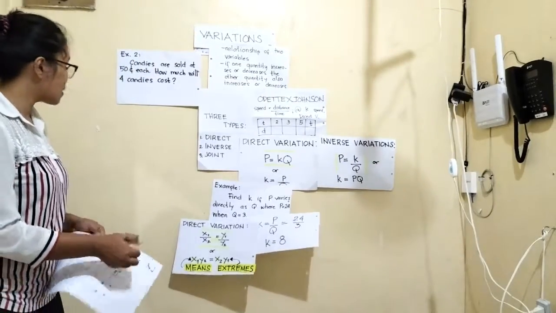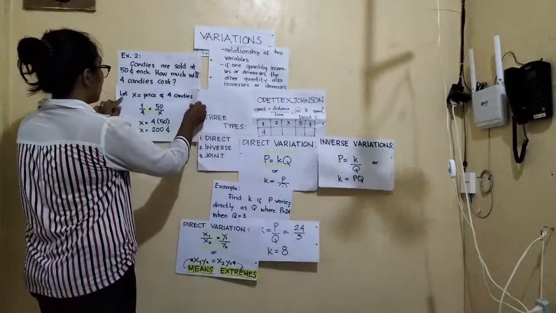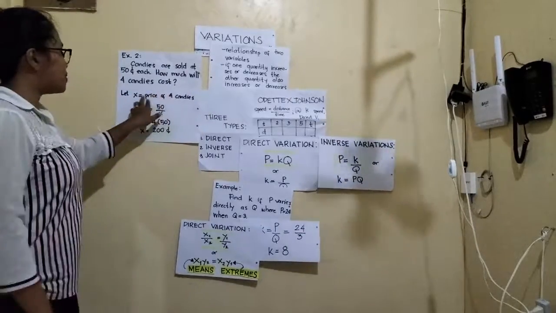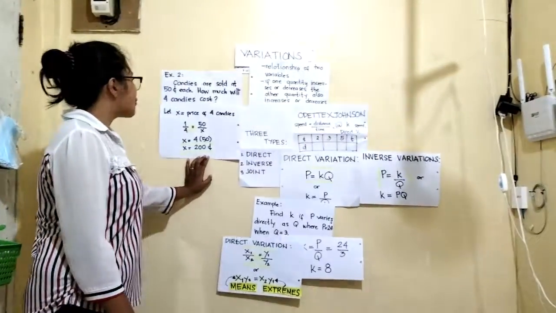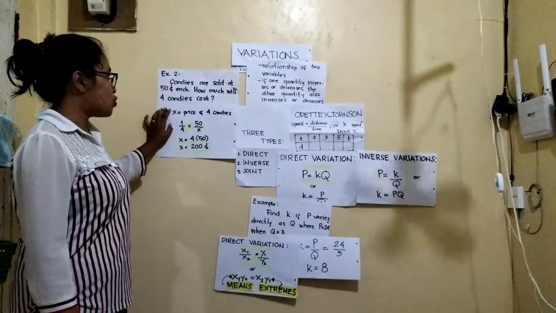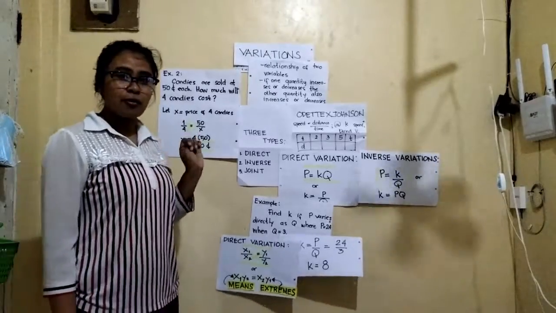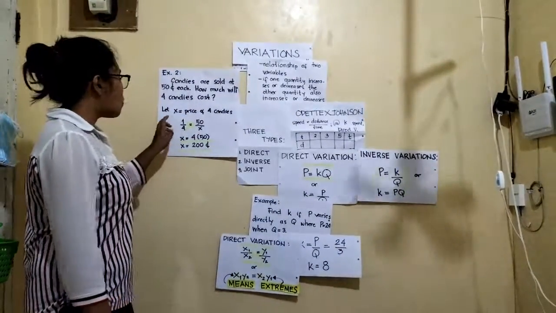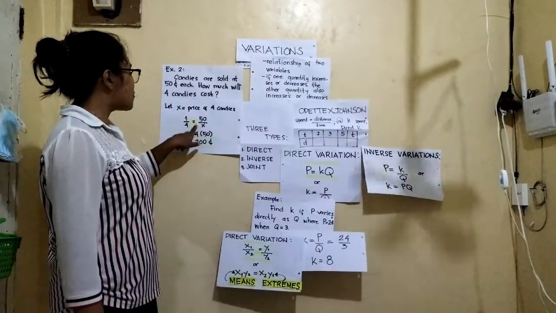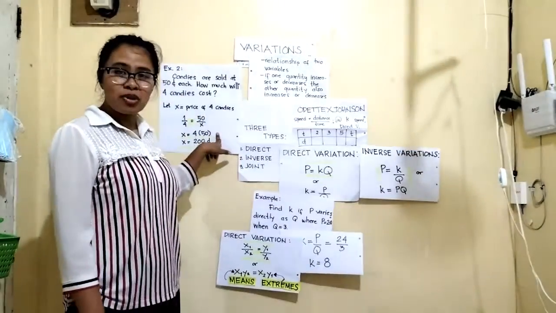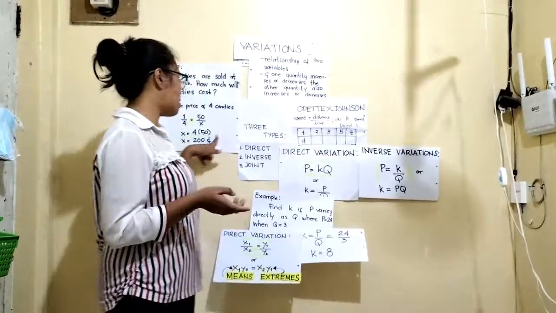So, let X be the price of 4 candies. By this question, we are looking for the cost of 4 candies, right? So, 1 candy is equal to 50 centavos. And for the price of 4 candies, how much are we going to pay? So, this is the question.